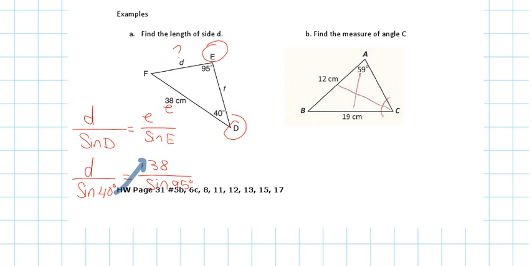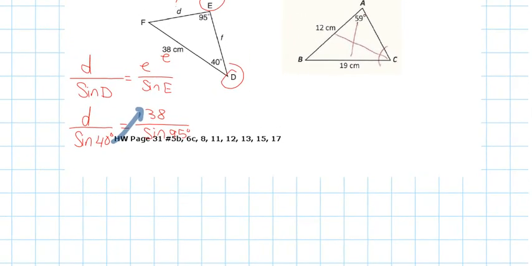And that's the reason why we have two different versions, is to make it easier for us to solve. So that's going to be D equals to 38 sine 40 over sine 95.